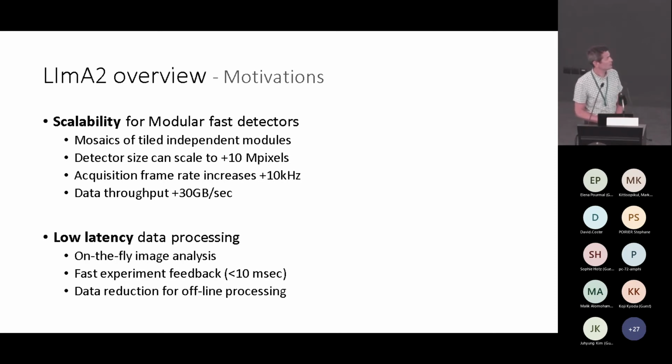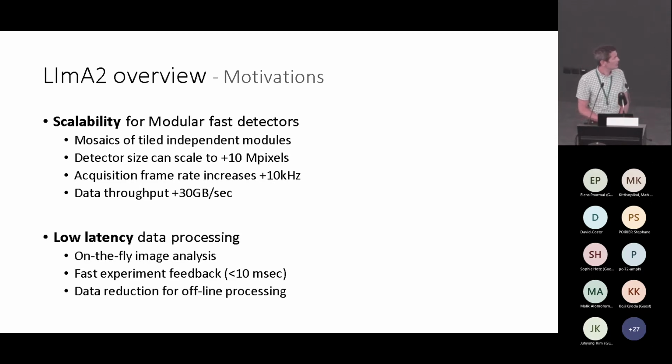The acquisition frame rate is also increasing. We have detectors that go up to 10 kilohertz. And so the data throughput we expect is about 30 gigabytes per second. And in parallel, we also need processing with low latency for multiple reasons.